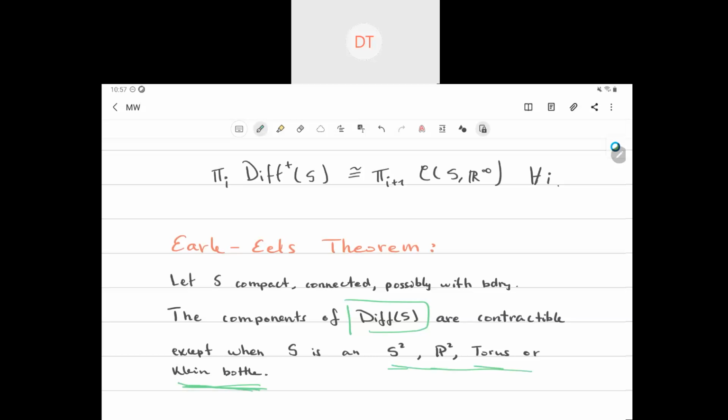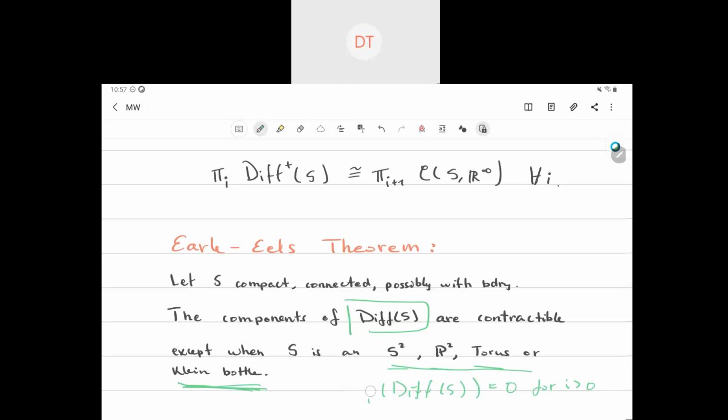So we get that the pi_i of Diff(S) are 0 for i greater than 0. Yes, for i greater than 0. And hopefully everyone can see that this is exactly what the Earle-Eells theorem is saying.